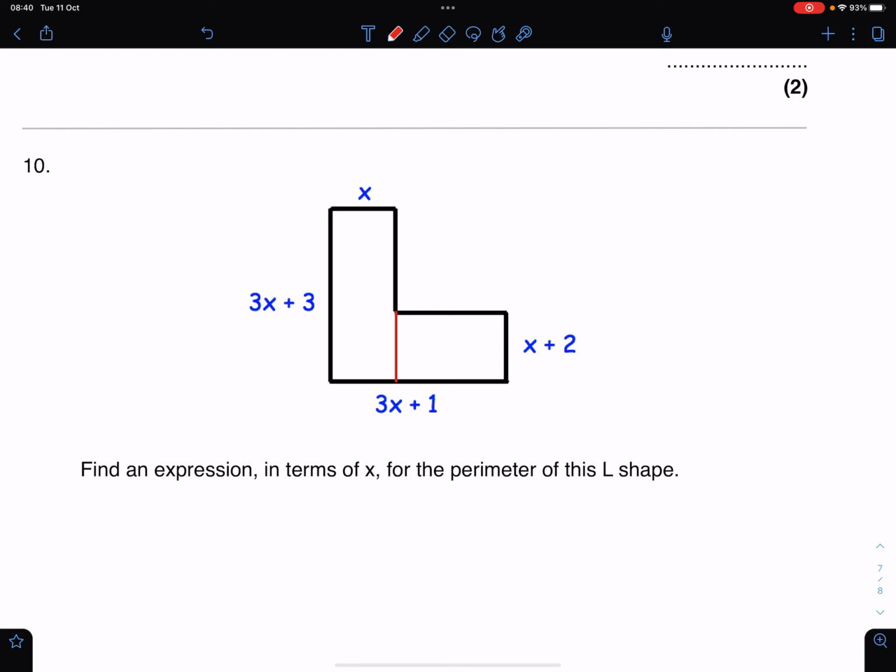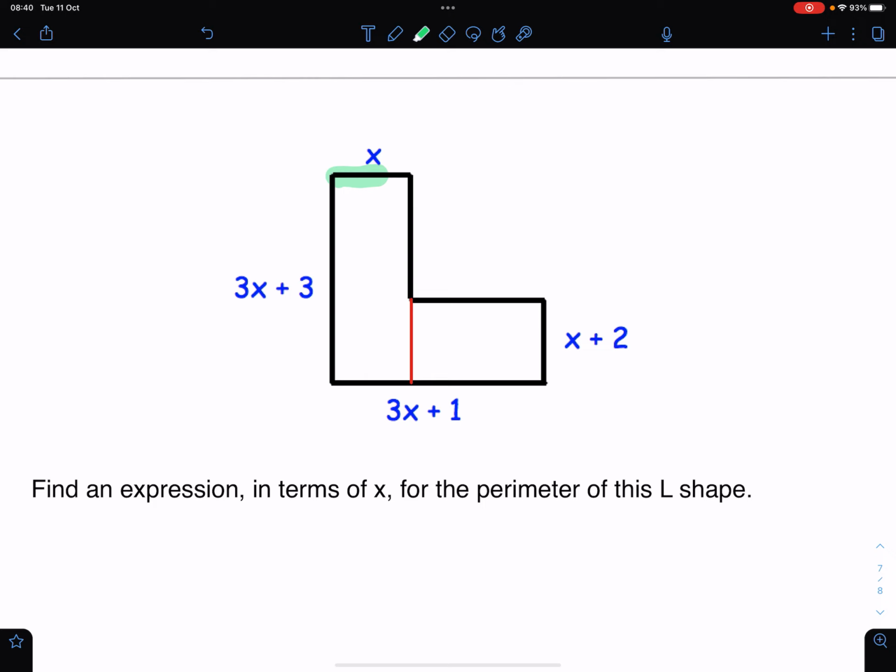So what do I know? The side over here is opposite to this, and I know this shape over here is a rectangle. So that means I'm gonna have this side the length x. So as you can see, this is all together as 3x plus 1. If this part is x, altogether 3x plus 1. So that means we left over this part only as 2x plus 1. So that means the opposite side will be how much as well? 2x plus 1.